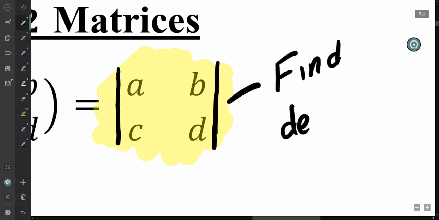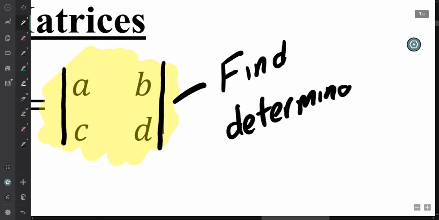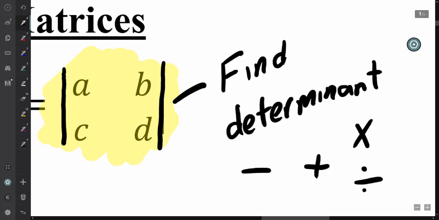It is an operation itself, just like how a minus sign means subtract, an addition sign means add, a multiplication sign means multiply, a division sign means divide. Vertical bars around a matrix means to find the determinant.